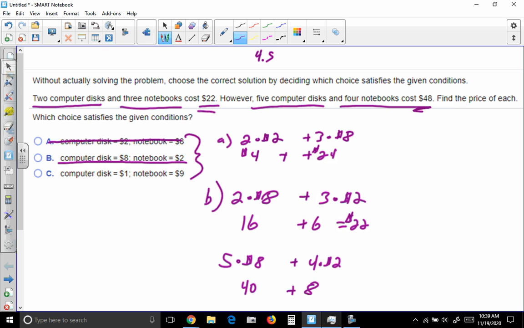So that's correct. We came up with $22 for 2 of these and 3 of those. We came up with $48 when we had 5 of these and 4 of those. So that's the correct combination.